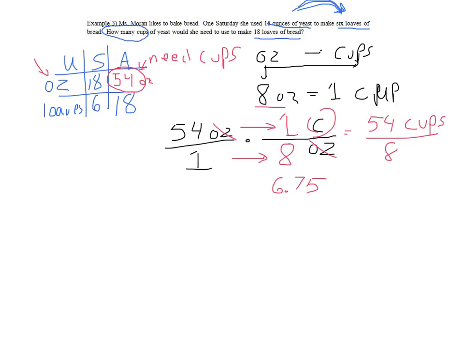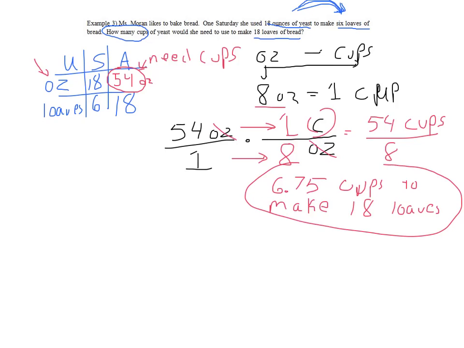It's 6.75 cups to do what? To make how many loaves of bread? To make 18 loaves. Okay, so that would be your answer. Okay. Alright, let's do a couple more examples.